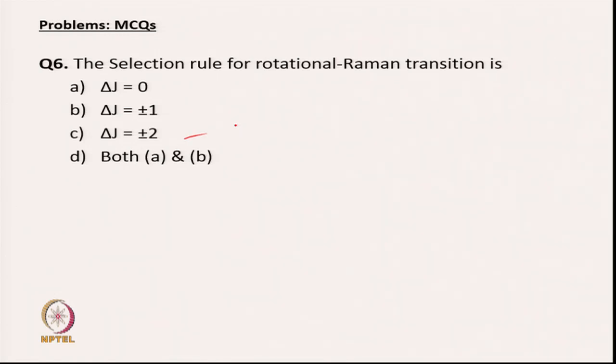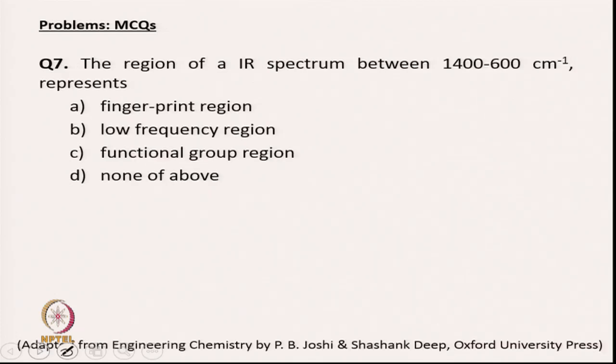I have discussed this in detail in the rotational Raman transition, and it was quite clear why delta J should be equal to plus minus 2. So, the answer is C. Now, you go to specifics of IR spectrum, and the next question is based on that.